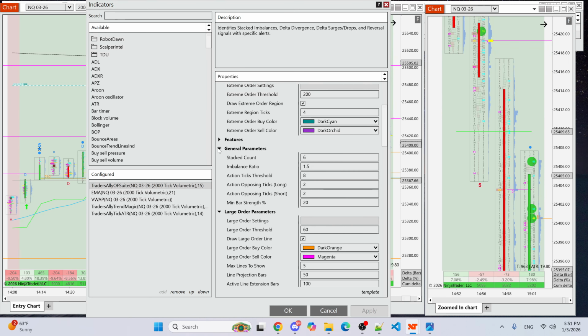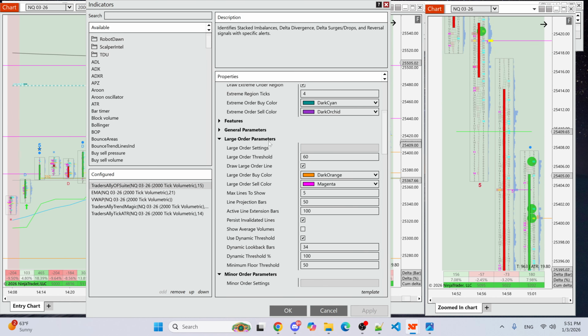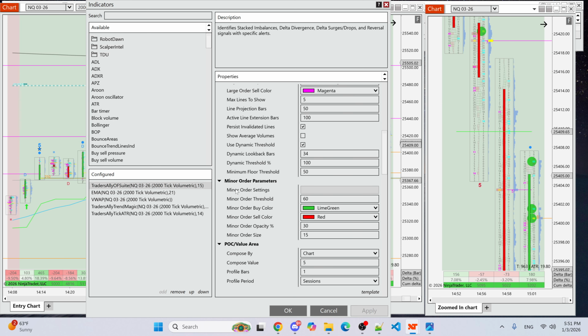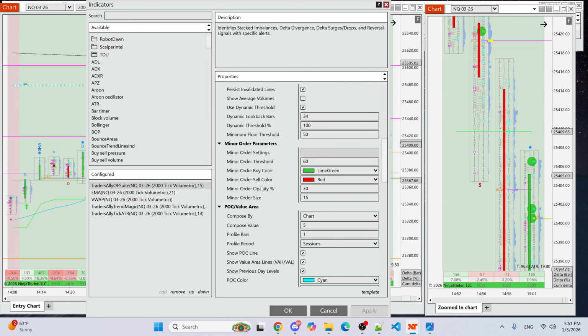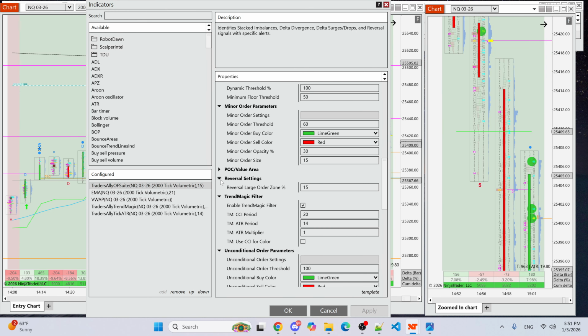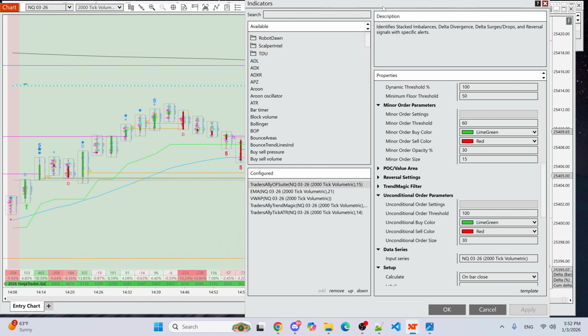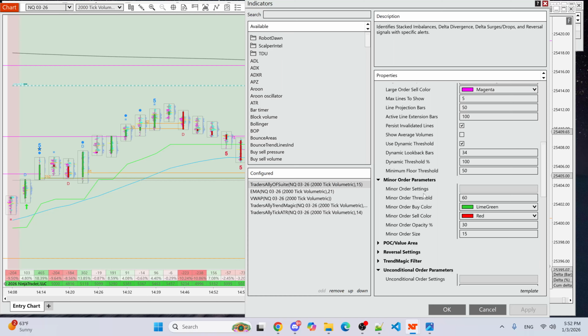We also have large orders, just a general large order parameter. We have a minor order parameter, and we have an unconditional order parameter. They all represent something that is related to large orders.